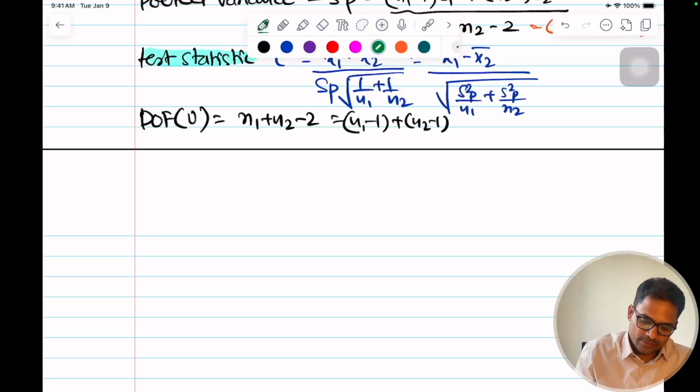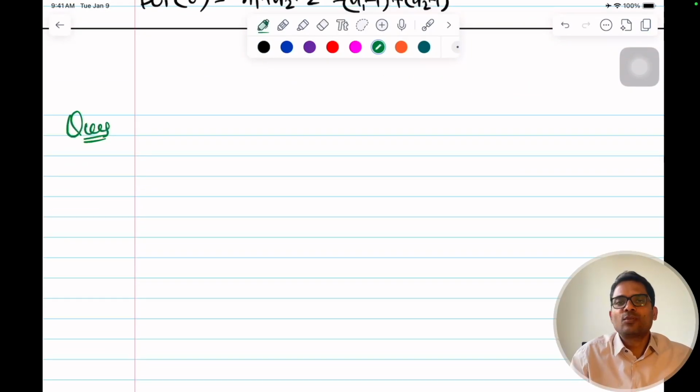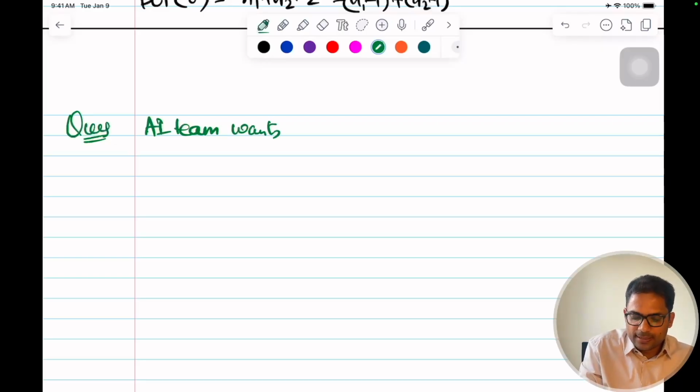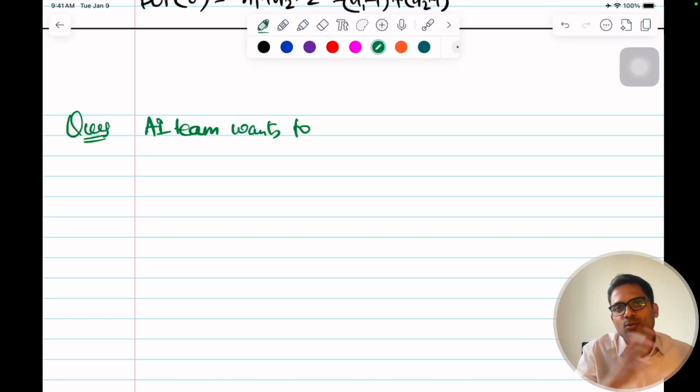So I have a question for you. We have an AI team that wants to validate if the new ML model they have created has better accuracy than the existing or old ML model. We have the data for each of them. The AI team can perform a 2 sample t-test because there are 2 independent model data.